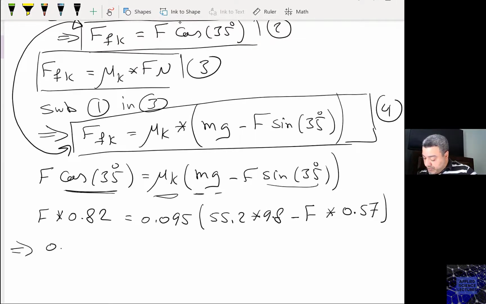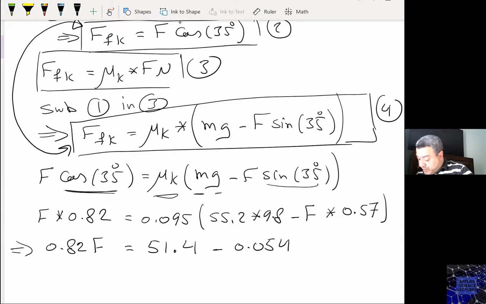So I have 0.82 F equals 51.4 minus 0.054 F.